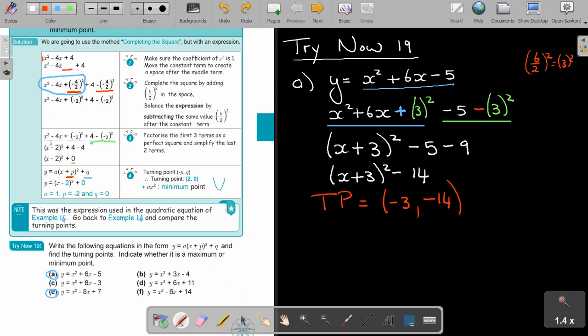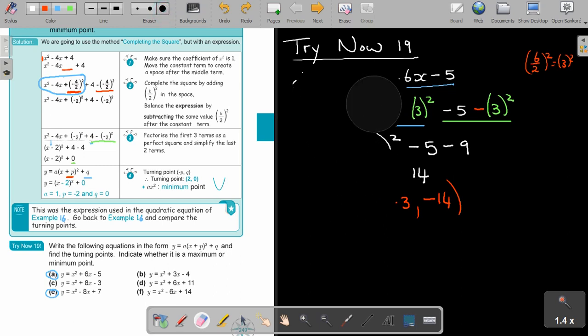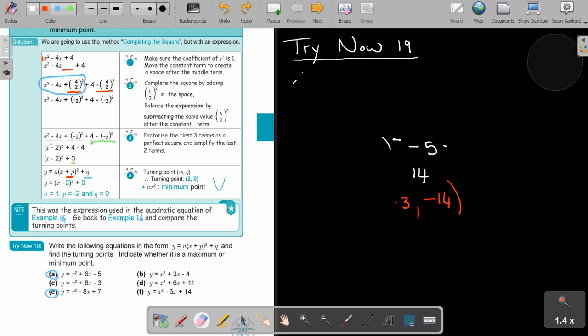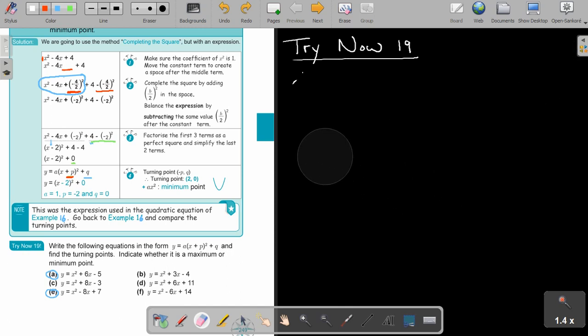Very useful. Okay, let's do number E. Again, maybe stop the video first, try to do it after you see A, and then try to do it. It's really going to help you. It's also a method that we use in the next level of mathematics.